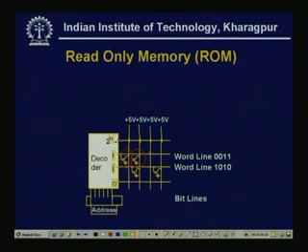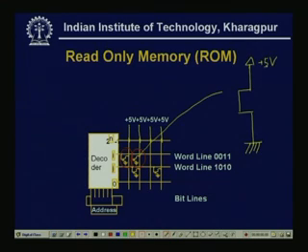If we draw this connection, it will be like that, say as if one transistor is here, this is a plus 5 volt supply.